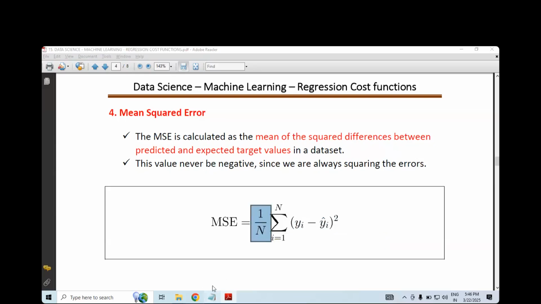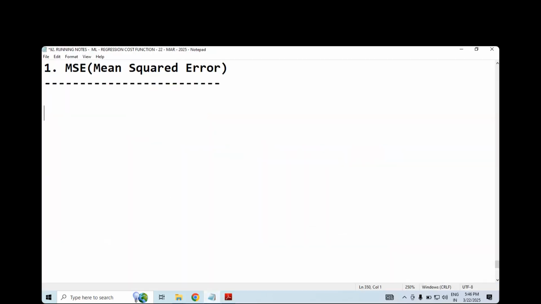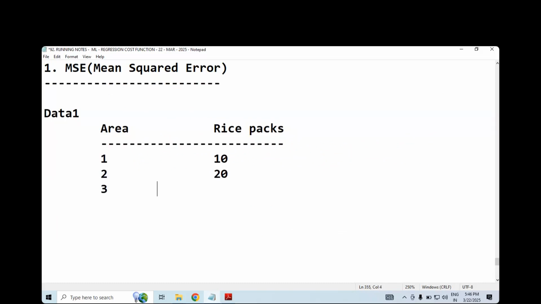Best example. Data 1: area, rice packs. You have given this data to the ML: 1, 10, 2, 20, 3, 30, 4, 40.